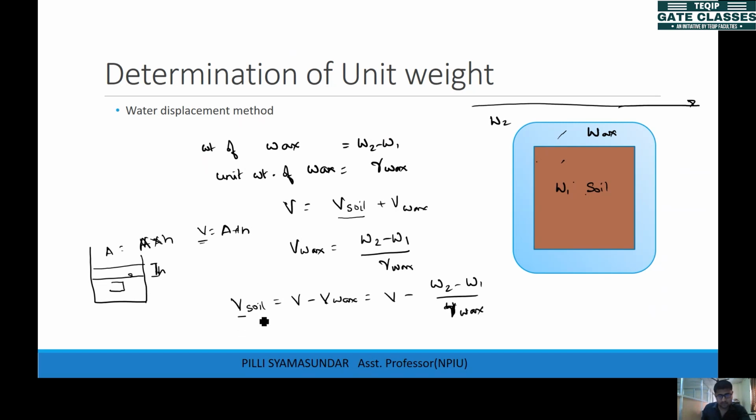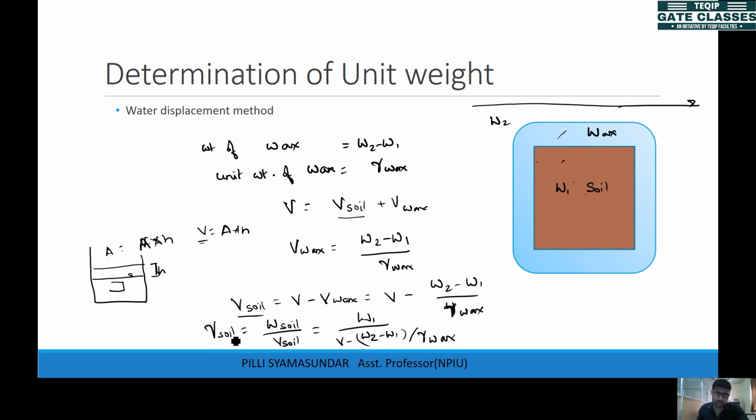So once I know the volume of soil, I can find out the unit weight of soil as weight of soil by volume of soil. So this is W1 by V minus (W2 minus W1) by gamma wax, right?